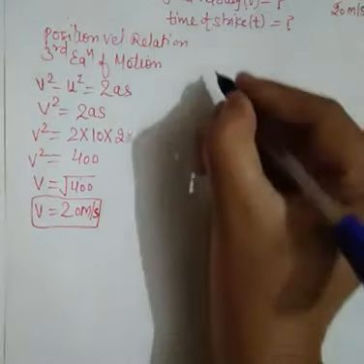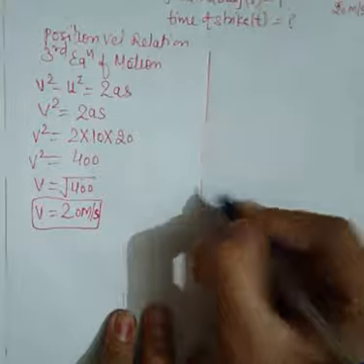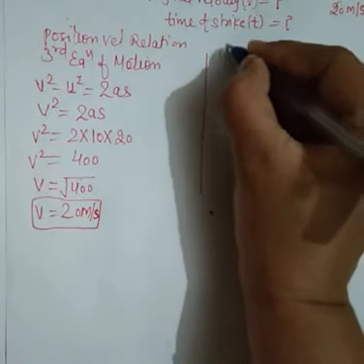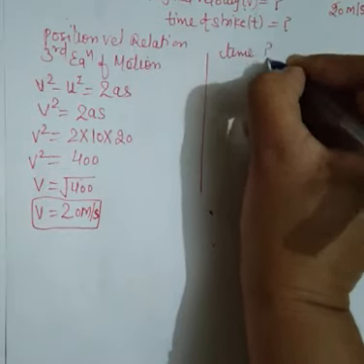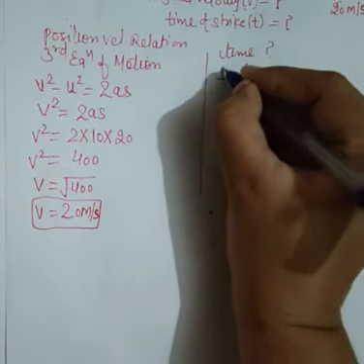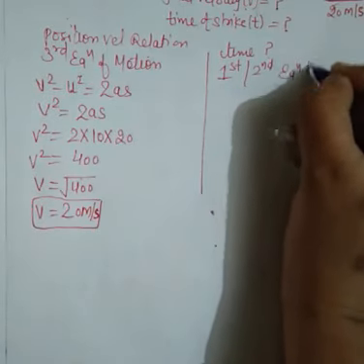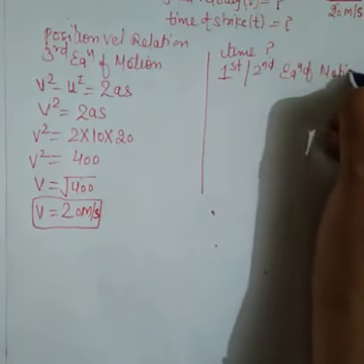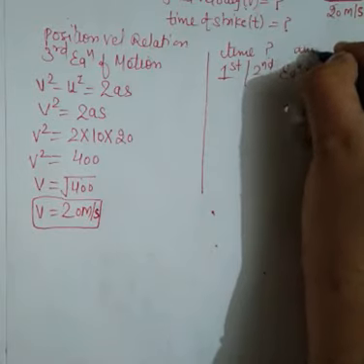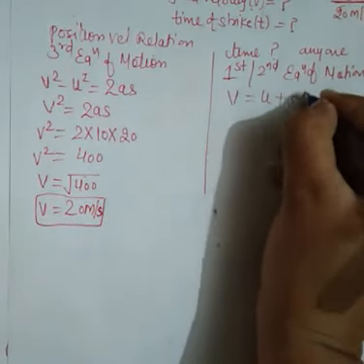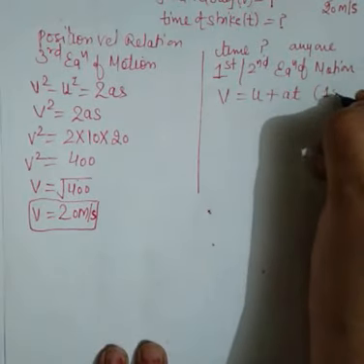Okay. Now in the second part, what is to be asked? We have to find out the time. For time we can use either the first equation or the second equation. Anyone we can use. V equals u plus at, that is the first equation of motion.